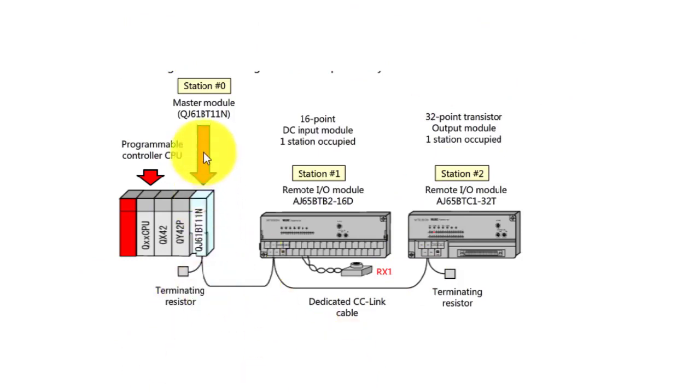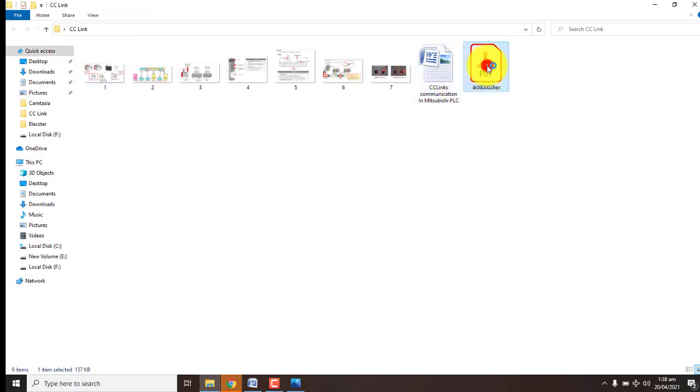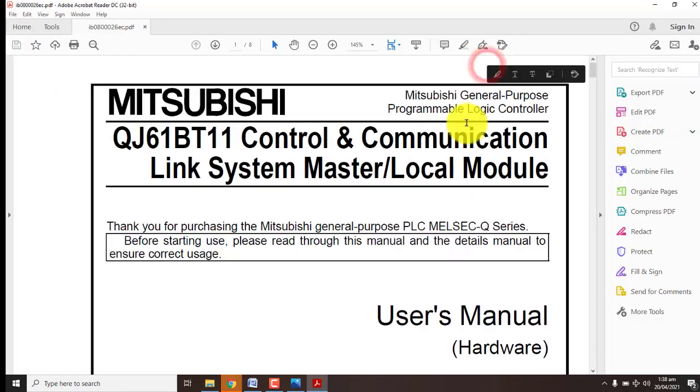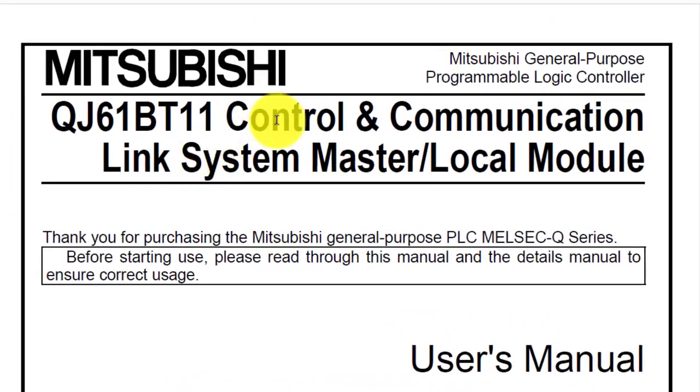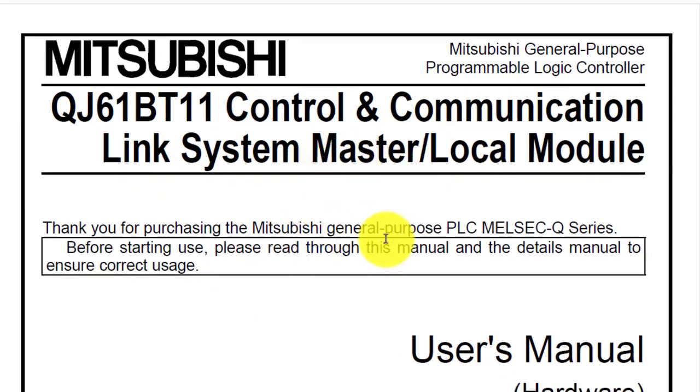For details of this module, the CC Link module, come to the folder and open it. This is our QJ61BT11 control and communication CC Link module. We can also use a master as a local module.